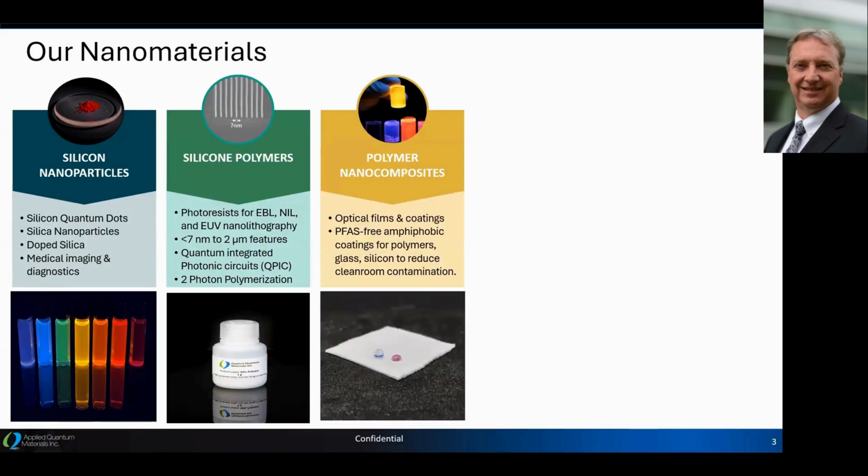We can take these materials and incorporate them into different polymers to create nanopolymer materials, so we create optical films and coatings. Something new that we've recently come up with is a PFAS-free coating. PFAS is Teflon, bad for the environment, a forever chemical. These coatings can be applied onto polymers, glass, and silicon, and they are essentially durable water repellent and oil repellent.